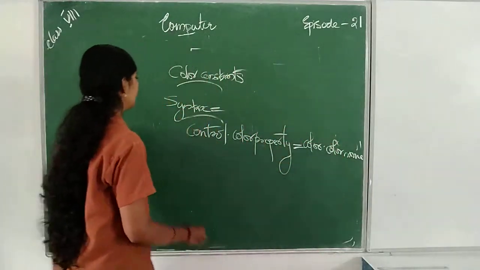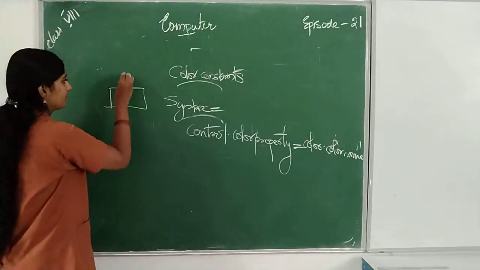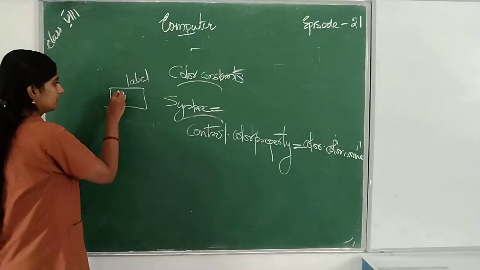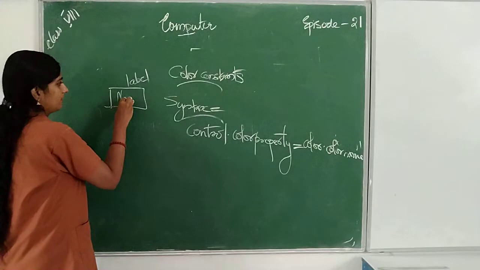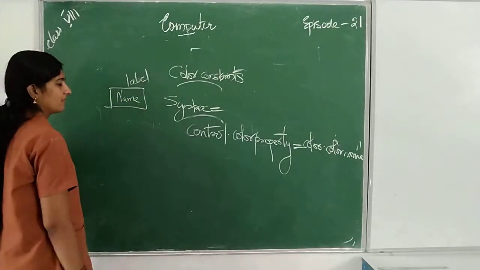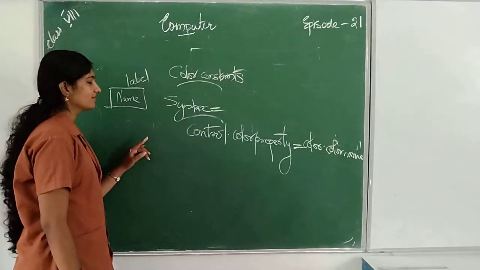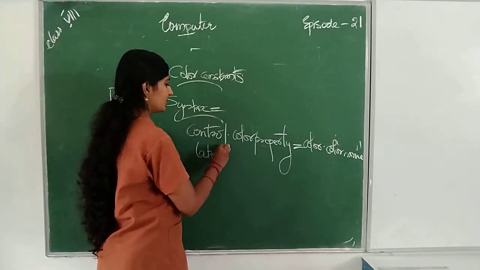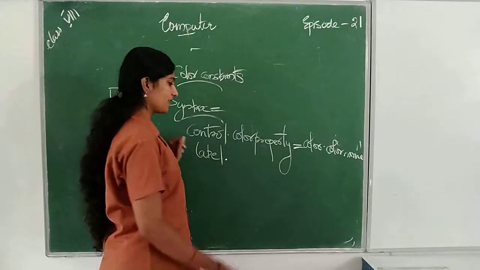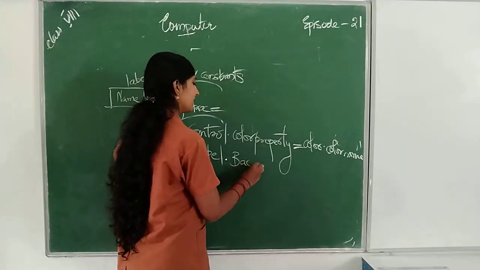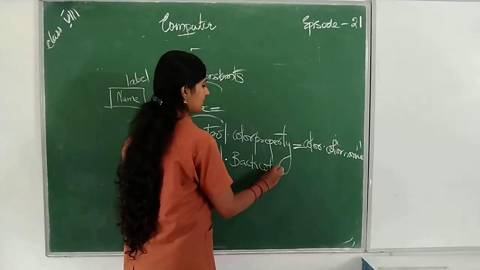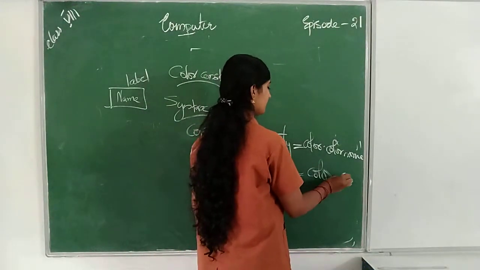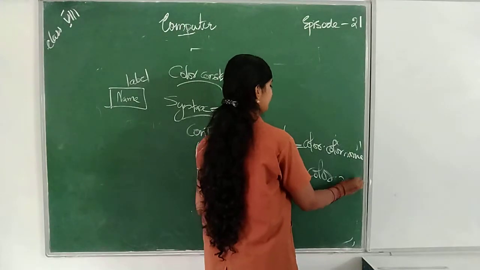For example, this is a label. That is label dot color property back color equal to color dot red.